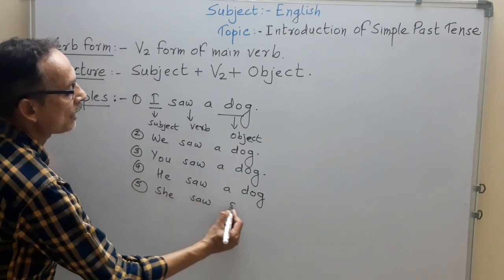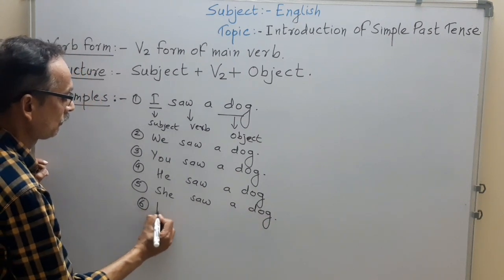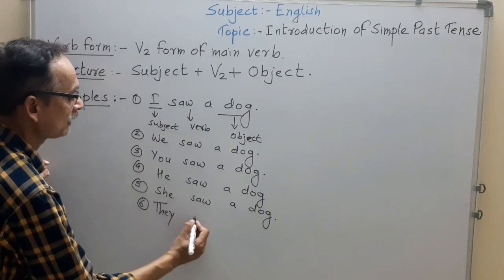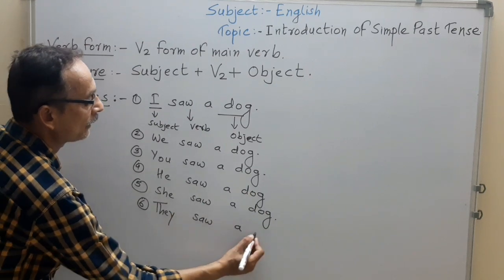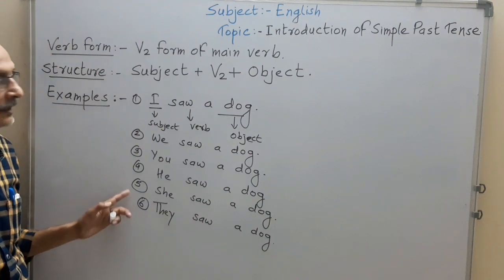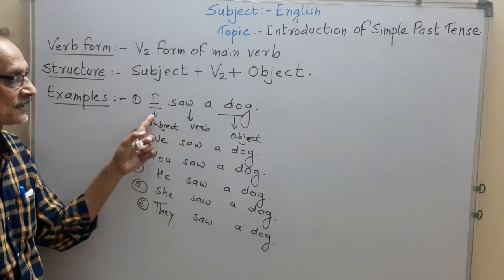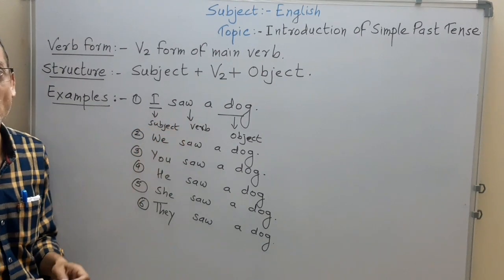She saw a dog. They saw a dog. You can write several sentences in that structure by using different subjects, verbs and objects also.